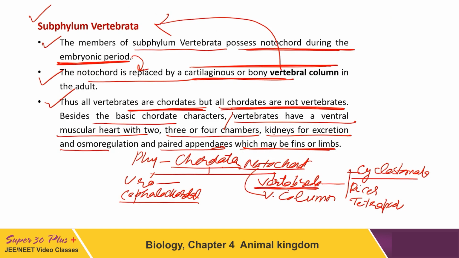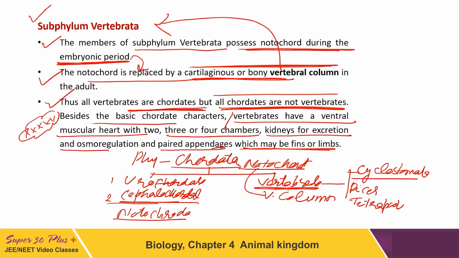Go a little back. Subphylum Vertebrata, very, very important character. I can give stars to this important statement, a frequently asked question: all chordates are not vertebrates. All chordates, these are chordates. This is urochordate, and this one is cephalochordate. These are chordates, but they are not vertebrates, because in these the notochord persists throughout life. Noto, chord.